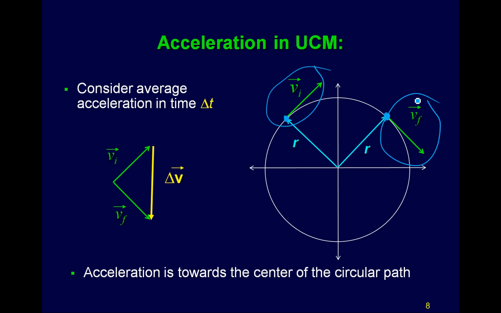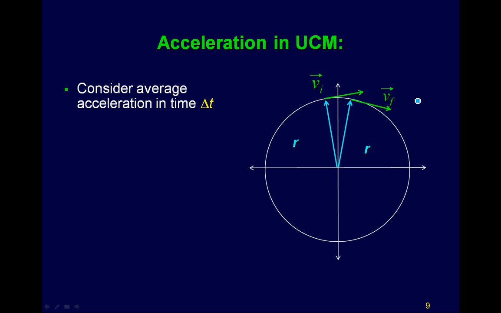This is the average acceleration, and to make it more like an instantaneous acceleration, we can bring these radii in closer together. Looking at V initial and V final, we get the same thing, delta V. As you bring those radii closer and closer together, you get basically an instantaneous acceleration. But the point is that the delta V is in towards the center of the circle.